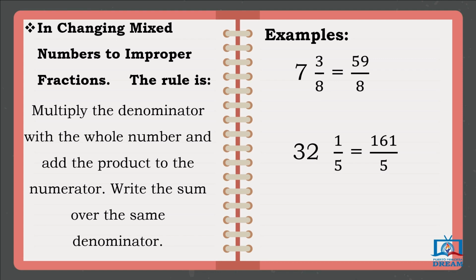That means 5 times 32 plus 1 is equal to 161, over 5, which is our denominator. 19 and 3/4 is equal to 79/4. That means 4 times 19 plus 3 is equal to 79/4.